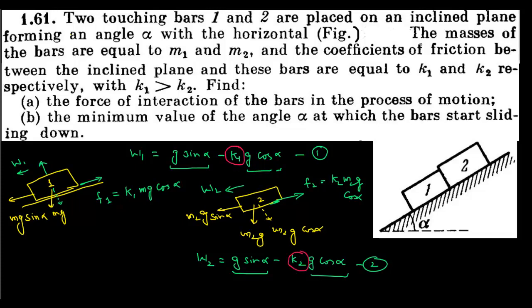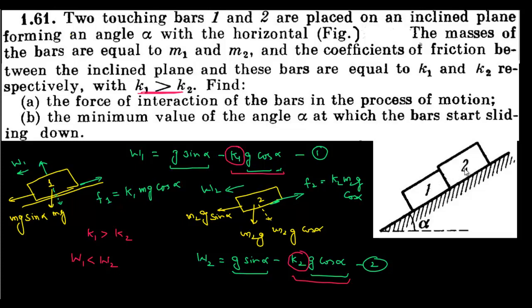Now in the question it is given that K1 is greater than K2. K1 greater than K2 means that this whole factor is greater than this one. So from here we can say that w1 is less than w2 if they are allowed to move freely.